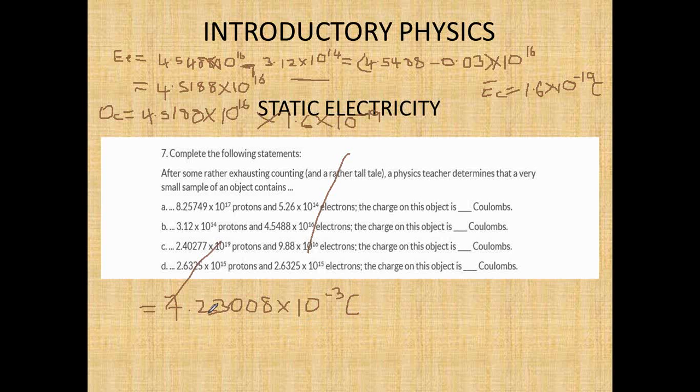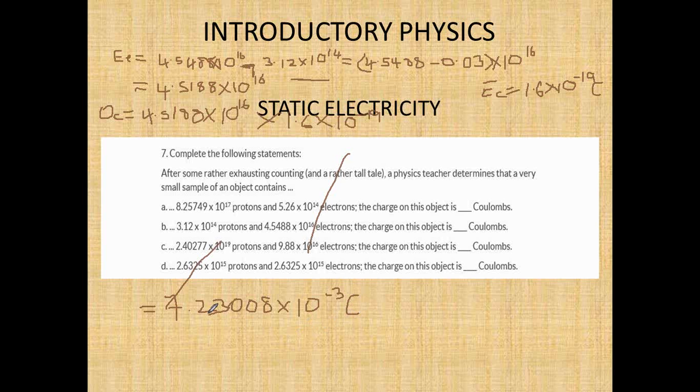We're not going to do the others because it's the same process. You have to find the excess electrons or protons, and once you find them, you multiply the excess by the charge on each electron.